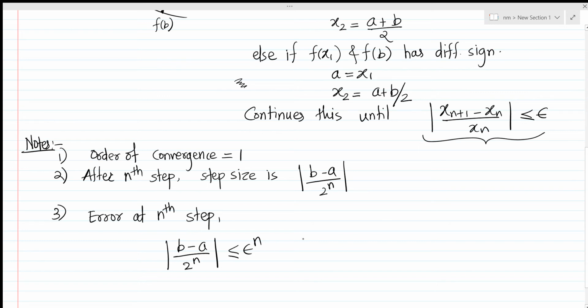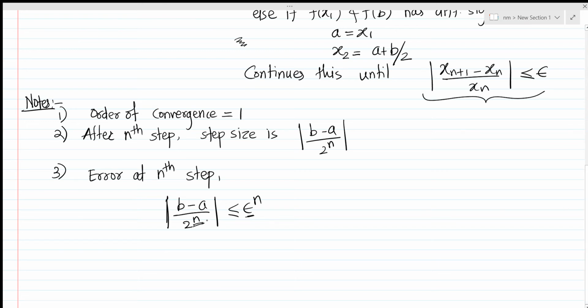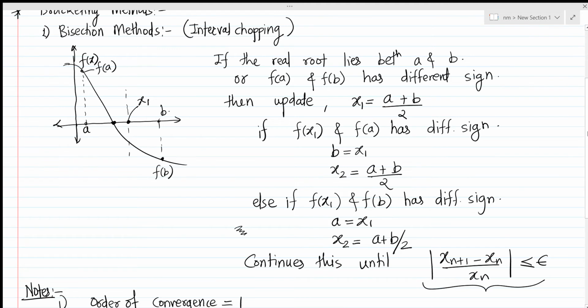Many times in the GATE exam they ask to calculate the number of steps required to reach a given error in the bisection method. This is the simple formula, by using which we can calculate the number of steps. If the number of steps is a decimal value, not an integer, then always take the next integer. Okay, so this is the bisection method.